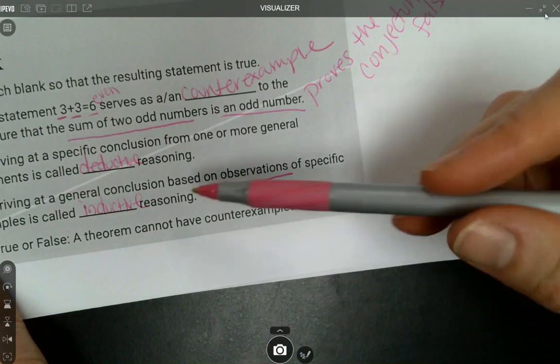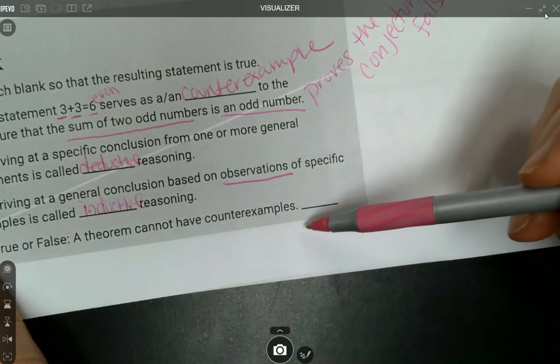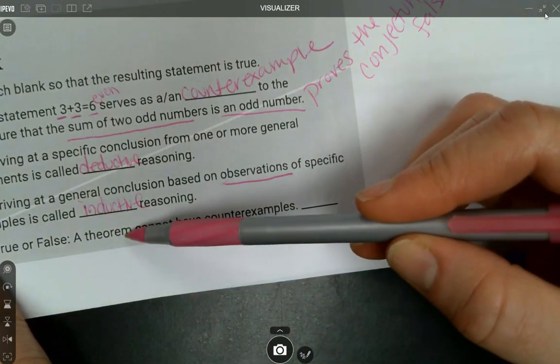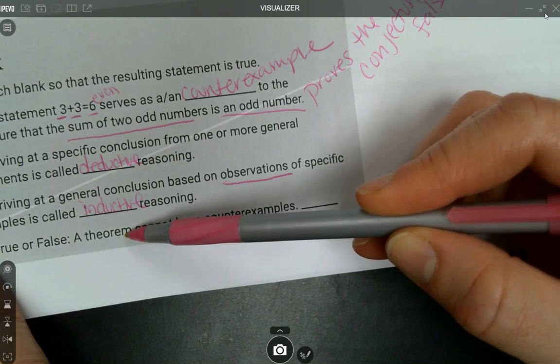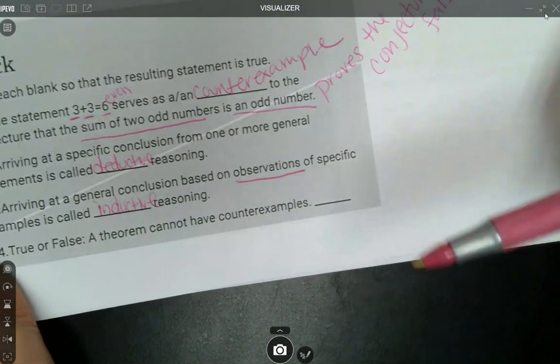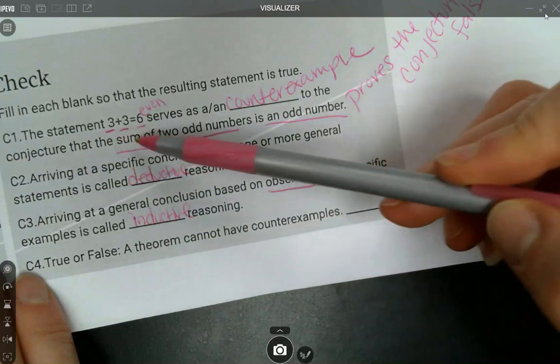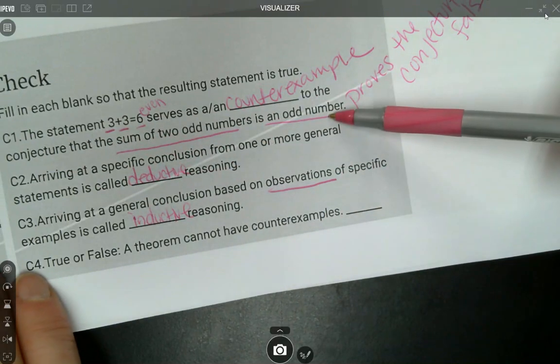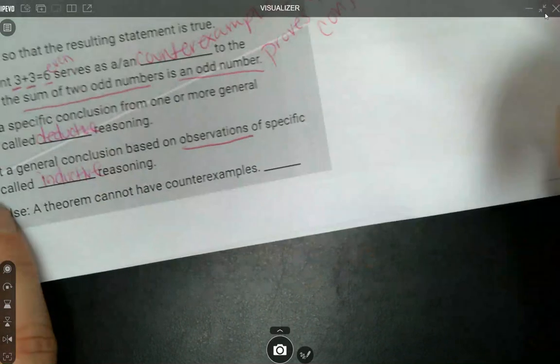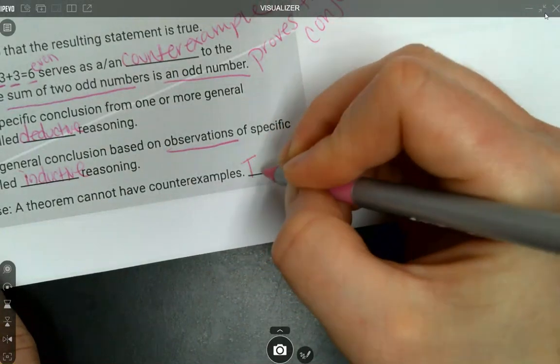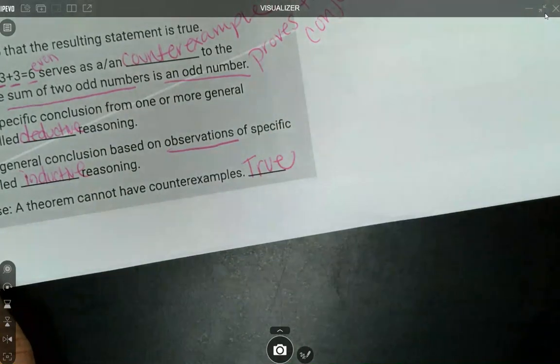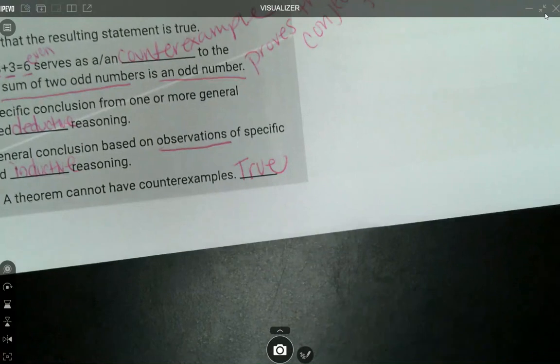True or false? A theorem cannot have counterexamples. A theorem is true. A conjecture is some kind of hypothesis that sometimes is true, but a theorem can't have counterexamples. All right, that is it for 1.1.